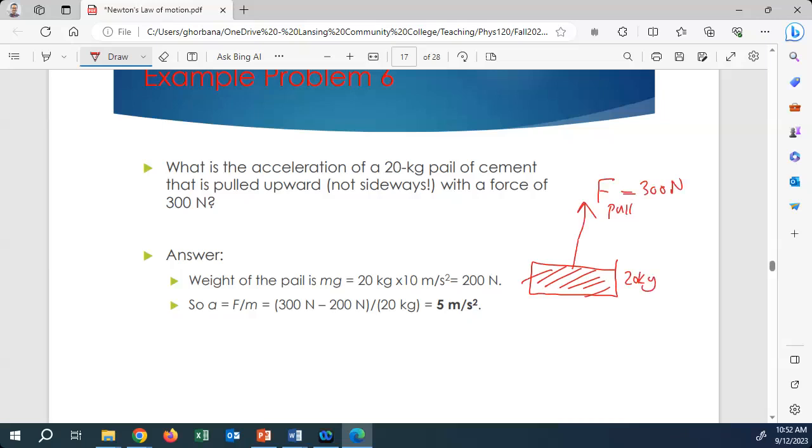This is all the information the question is giving. The object is being pulled by this force. Okay, I just draw this.